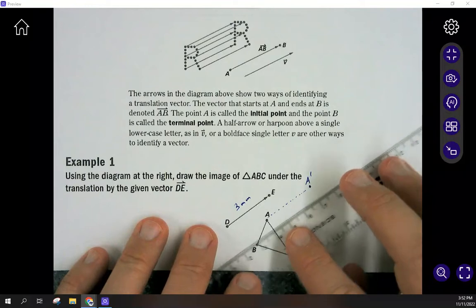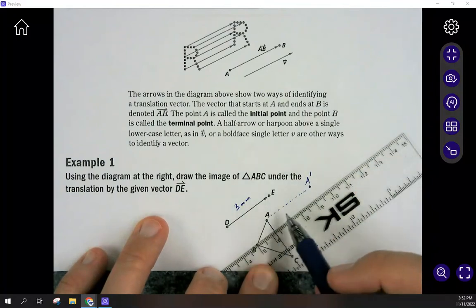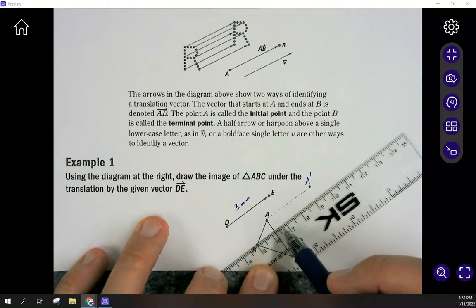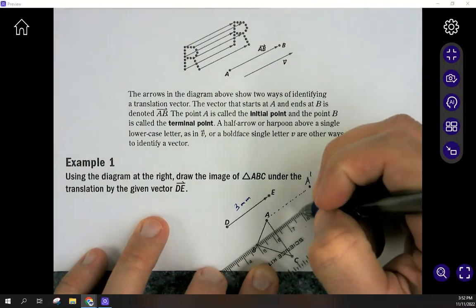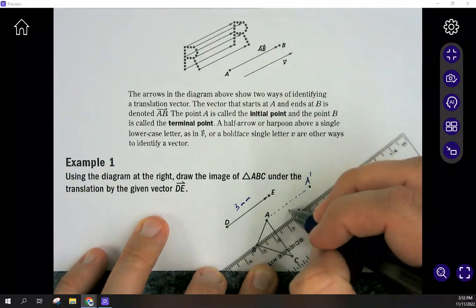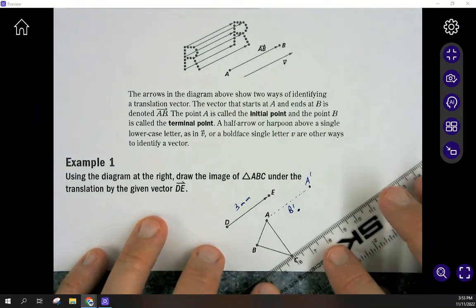B, I'm going to do the same thing, try and get this looking parallel as best as possible. And now I can also use this as a reference point, right? I can run parallel to that. And so 1, 2, 3. And that's going to be the image of B. And then the same thing for C, as best as possible.